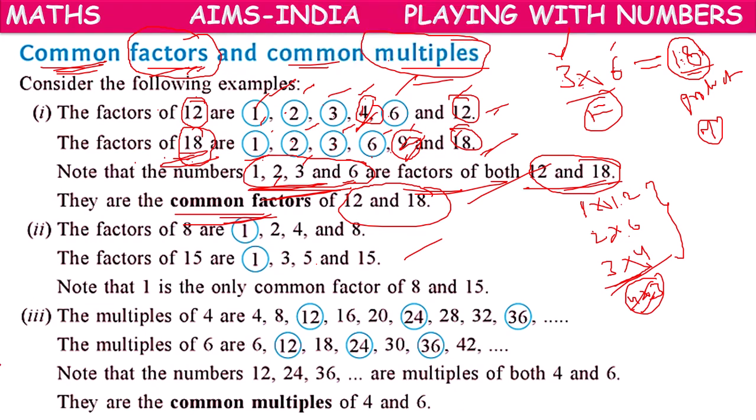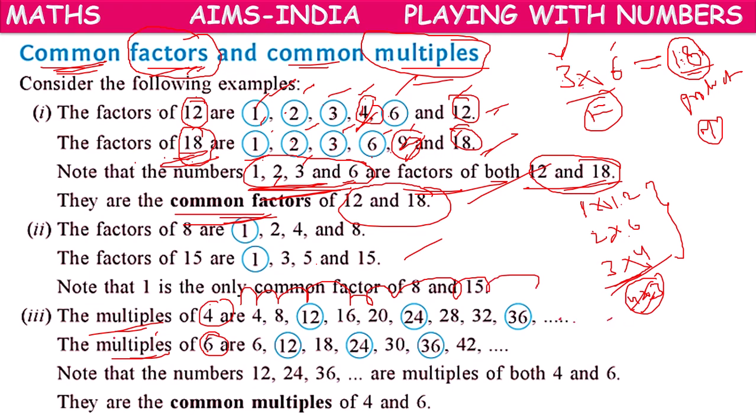In the same way, let's see the multiples of 4 and multiples of 6. Multiples of 4: 4 ones are 4, 4 twos are 8, 4 threes are 12, 4 fours are 16. Like that we can write 20, 24, 28, 32, 36 and so on.